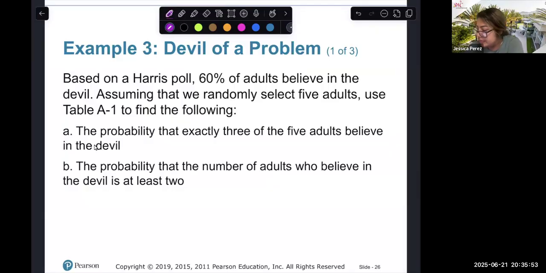Well, first of all, how do we know that this is indeed a binomial probability? We have two options: you either believe or do not believe in the devil.